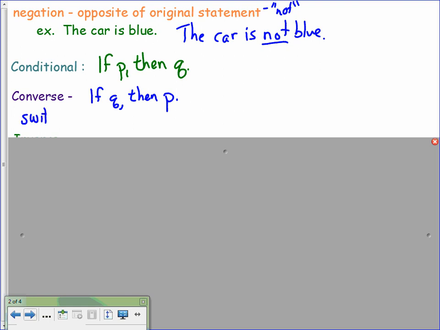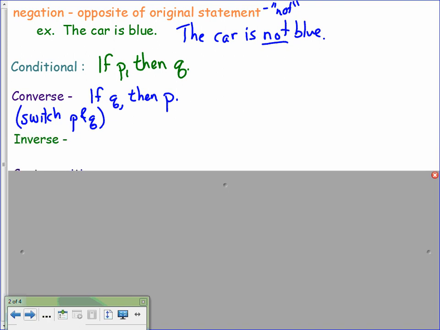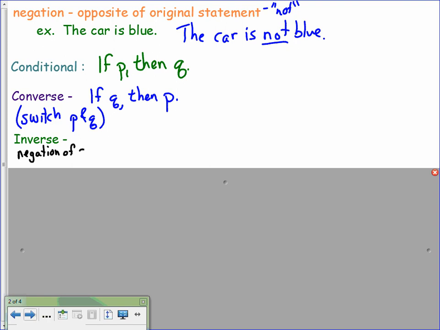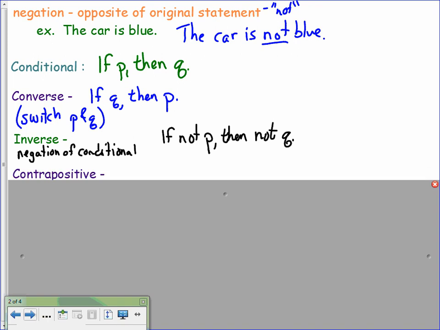So we switch P and Q. The inverse is the negation of the conditional. So we add the word not. So if not P, then not Q. That is the inverse statement.